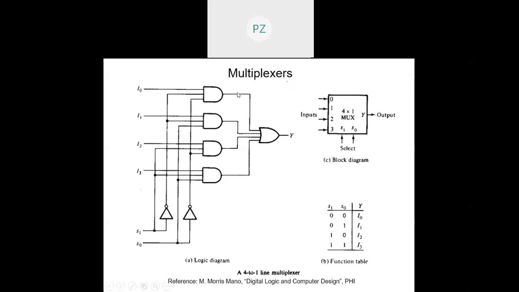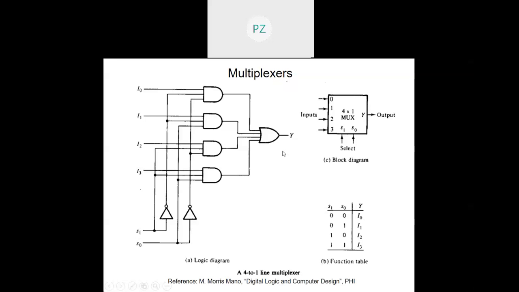So correspondingly, you can design a multiplexer of any order. It is just that the number of select lines will decide how many of the inputs you can direct to a single output at a given point of time, which of the 2 to the power n inputs you will direct at the output line.